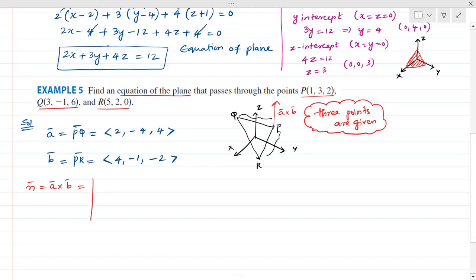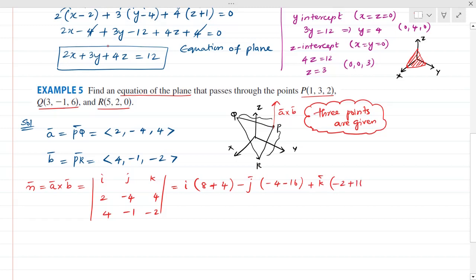So how will you calculate A cross B? It is the cross product, the determinant with i, j, k, and the values 2, minus 4, 4 and 4, minus 1, minus 2. After that, you have to simplify. This is 8 plus 4, 12, minus j times of minus 4 minus 16, and then plus k times of minus 2 plus 16.